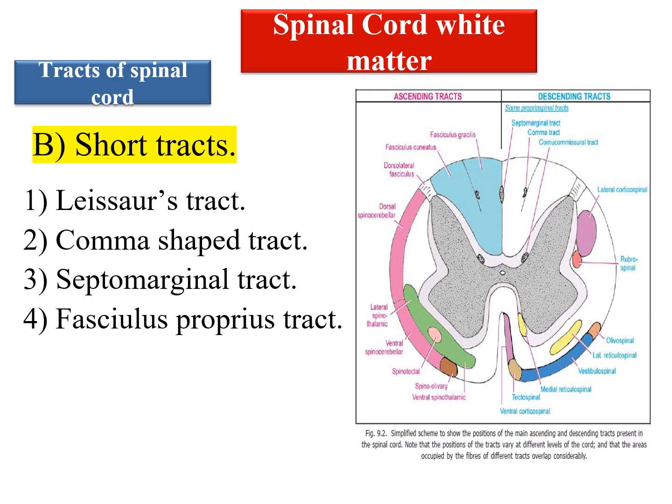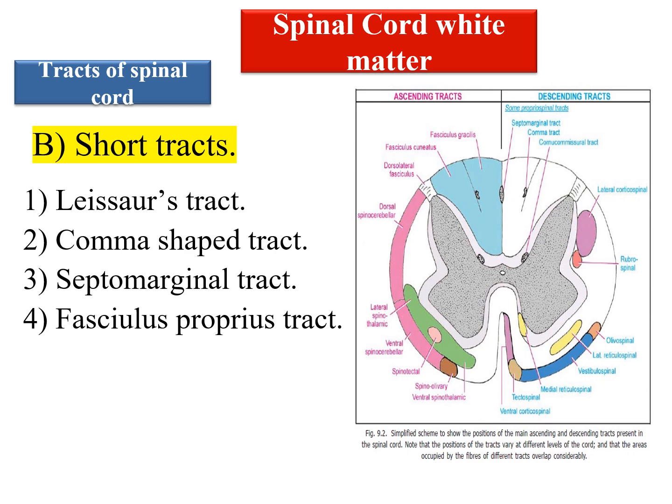What about short tracts? You know that short tracts have four subtypes. The first one is called Lissauer tract. The second one is called comma-shaped tract. The third one is called septomarginal tract. And the last one is called fasciculus proprius tract.